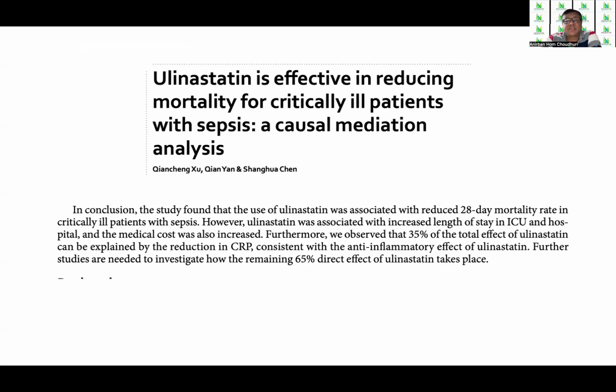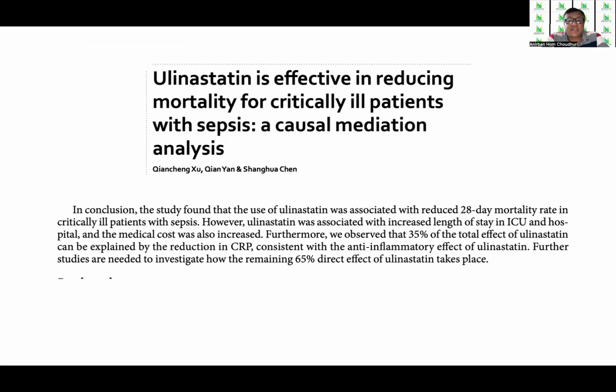So this was something which raised many eyebrows, but also gave confidence to the users because it was a causal mediation analysis, which is considered to be a better form of statistical analysis than post hoc, where it was found that the use of ulinastatin was associated with reduced 28-day mortality rate in critically ill patients with sepsis.